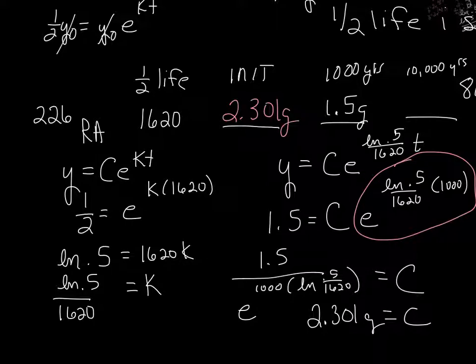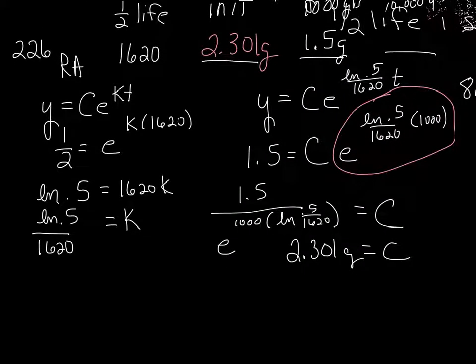So I'm going to store that as B, then we've got to find how much at 10,000 years. So we've got y equals 2.301, but I'm going to use the actual amount that I have on my calculator, times e to the k times 10,000.